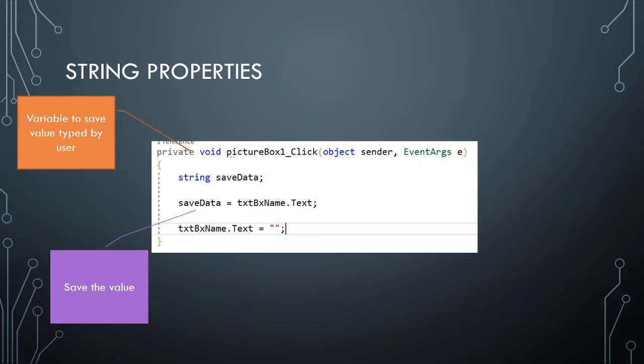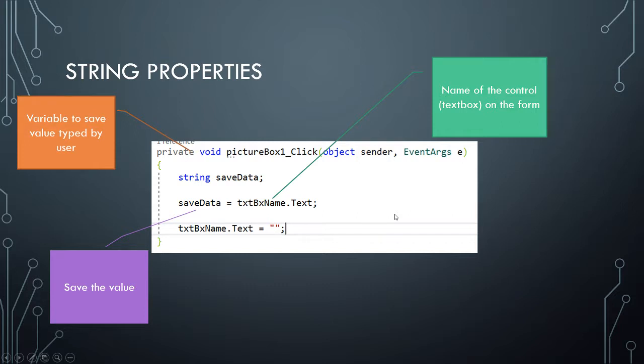Next, we set our save data string equal to the value found in our text box, txt_bx_name, in its text property. Because when we display a text box control to a user, the property that they're entering data into would be the text property.